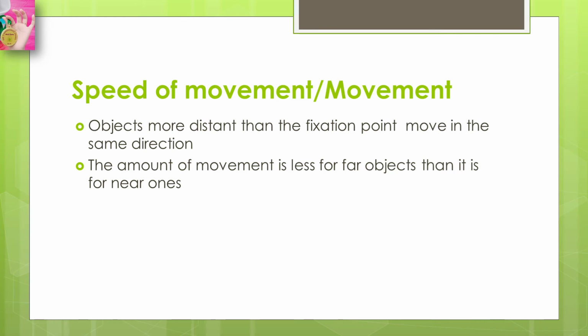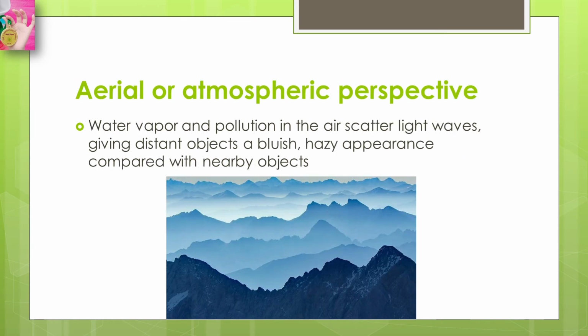Now, the next topic is aerial or atmospheric perspective. According to this, far away objects often appear hazy or slightly blurred by the atmosphere. Objects that are far away appear fuzzier or vaguer than those close by because as distance increases, smoke, dust, and haze reduce the clarity of the projected image.